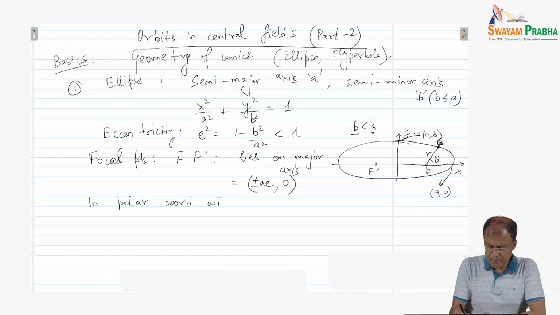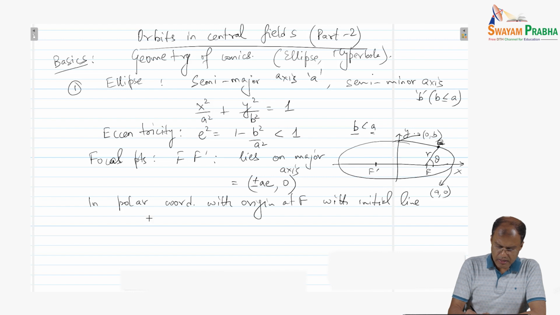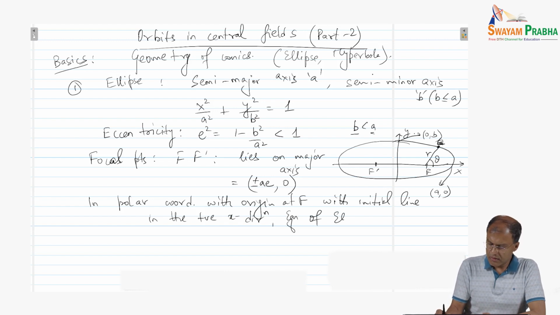In polar coordinates with origin at F, with the initial line in the positive x direction, the equation of the ellipse is 1 over r equals a by b squared times 1 plus e cos theta.